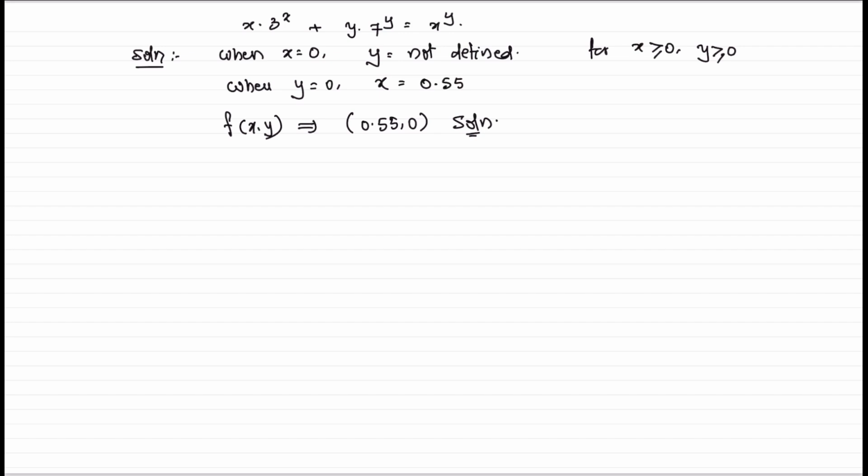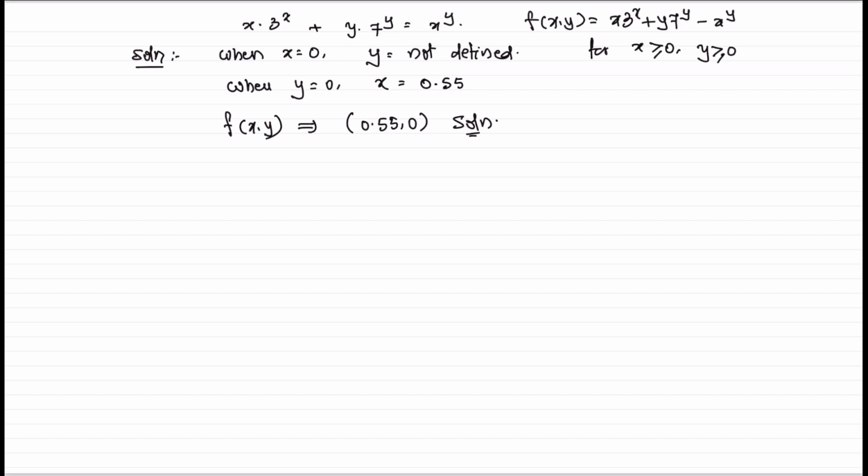Now, we have to plot the function. To plot the function, here function xy is equal to x into 3 to the power of x plus y into 7 to the power of y minus x to the power of y. Now we have to plot this.